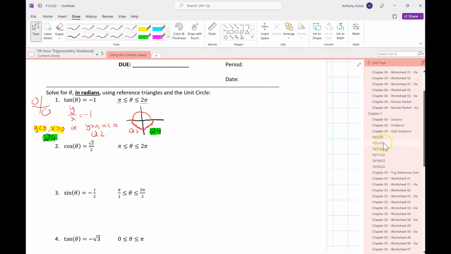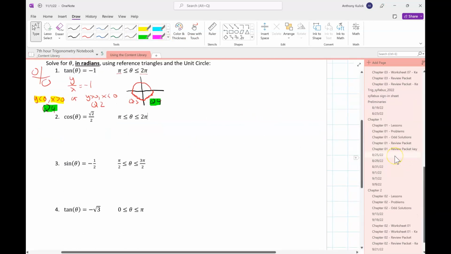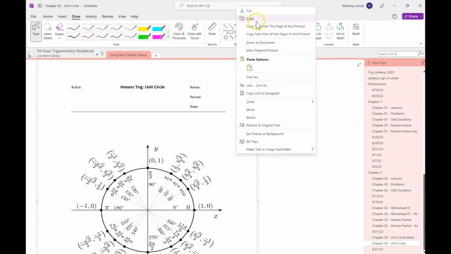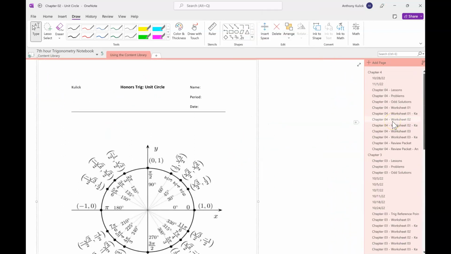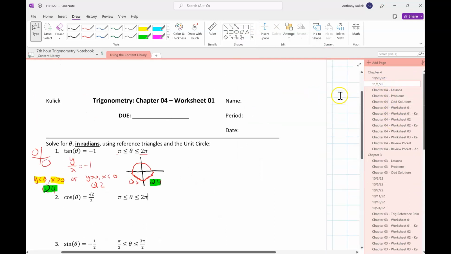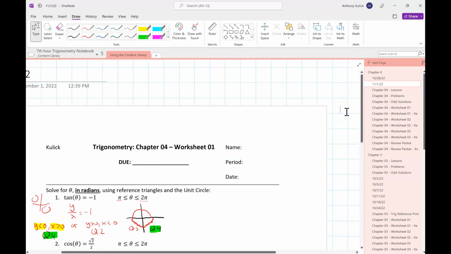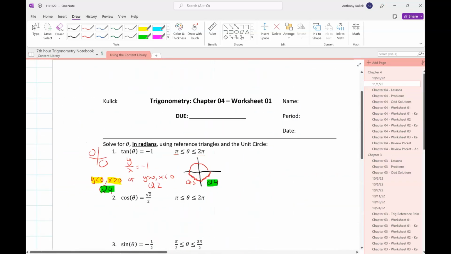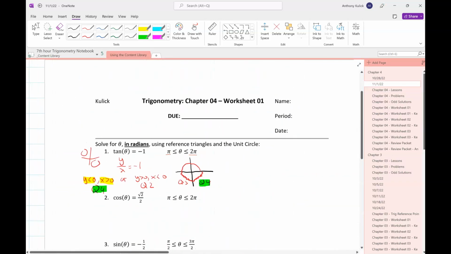It asks me to use the unit circle, so let me pull up a unit circle here real quick. I'm going to be looking in quadrant 4 on my unit circle, for where y over x is equal to -1.